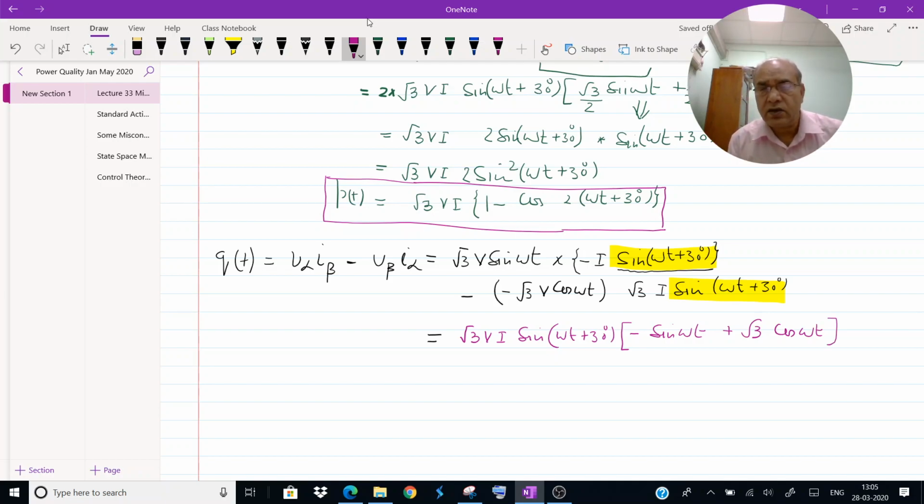We can take the minus outside, so it becomes minus here and plus here. It's not a problem.